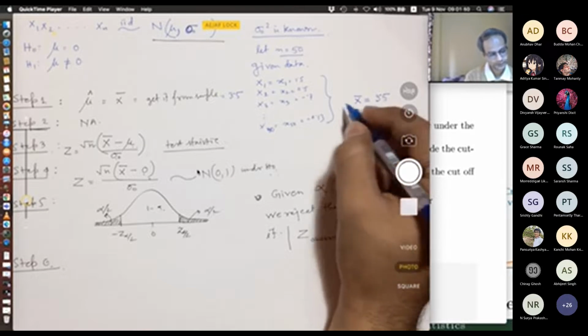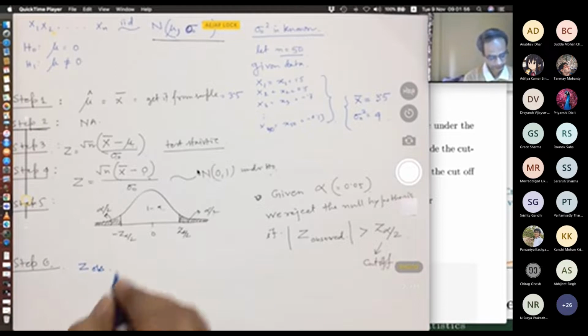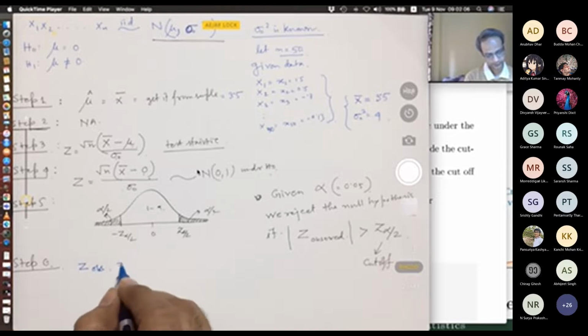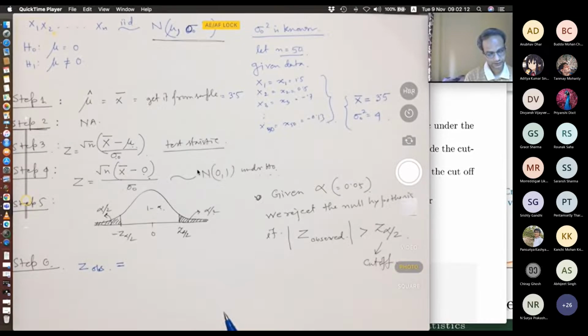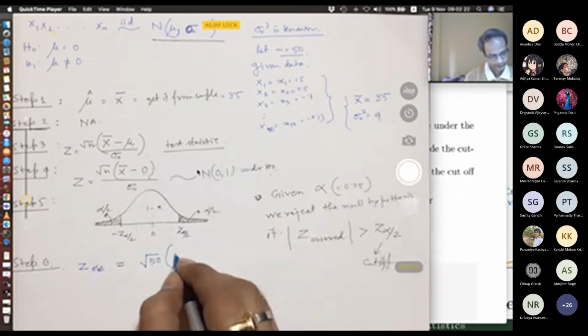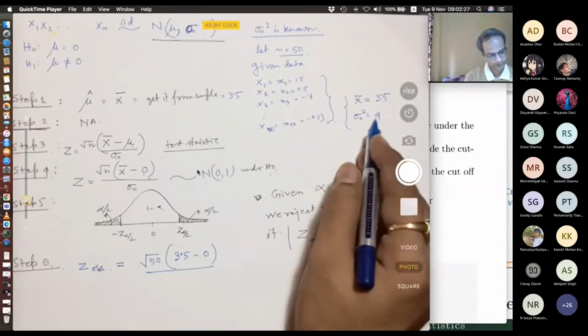Okay. So now can you tell me what will be the Z observed? Z observed is root 50 into X bar, which is 3.5 minus 0, divided by sigma naught, which is 2.